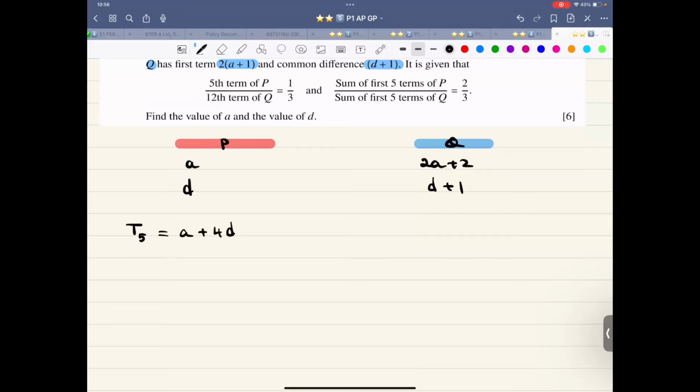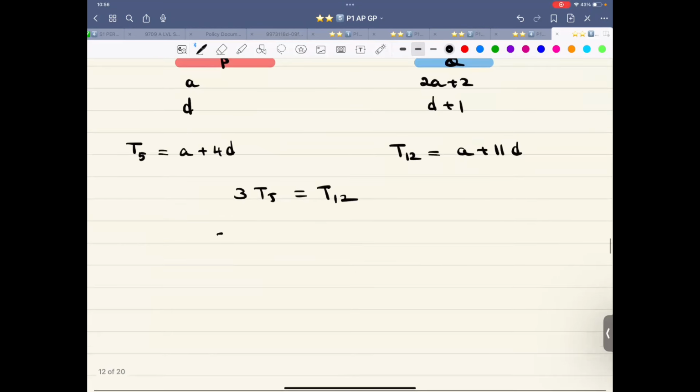And then we have the 12th term of Q, that is A plus 11D. Fifth term divided by 12th is 1/3, 3 times fifth is 1 times 12. So therefore, this is 3 times A plus 4D is A plus 11D. This is equation 1.